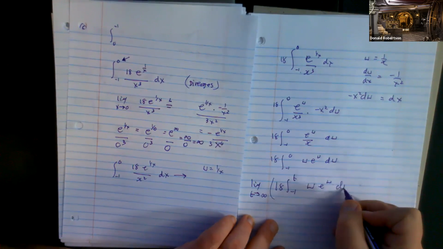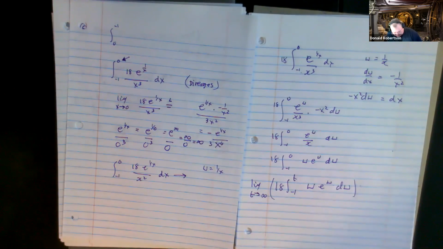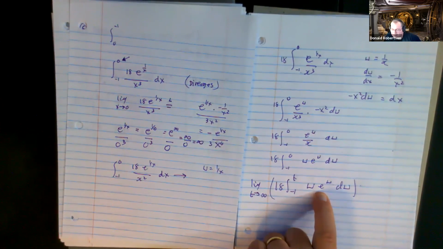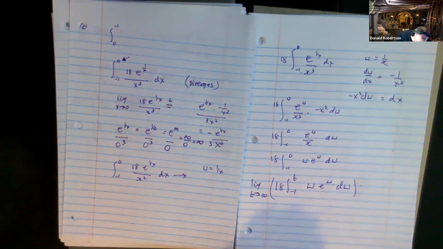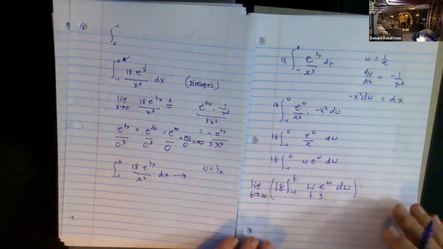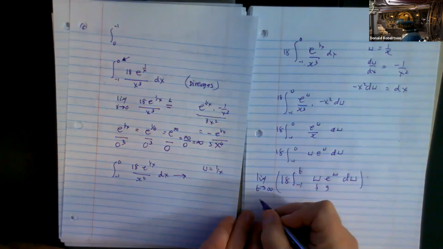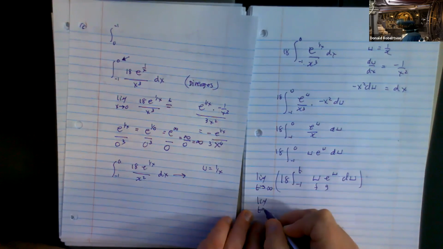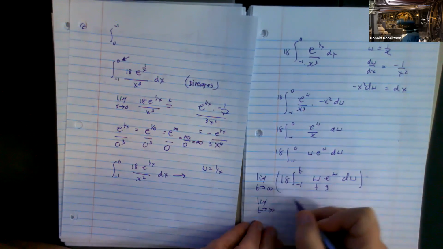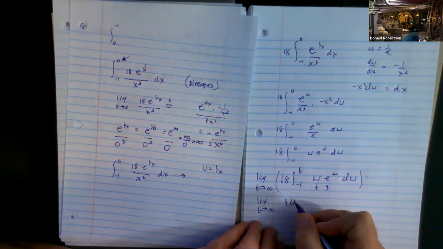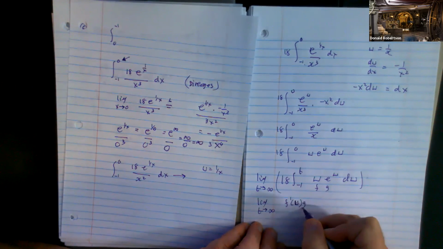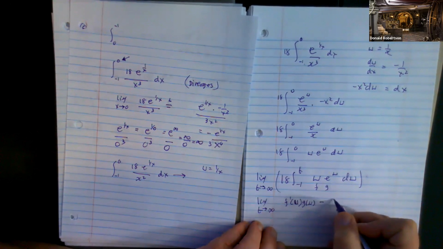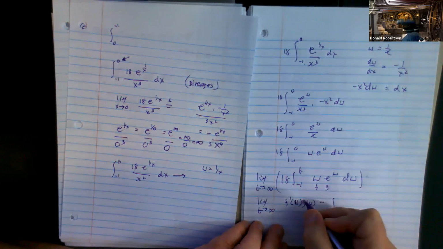Okay, the hard part is over, believe it or not. Won't I be able to integrate this using integration by parts? If I call this f and I call this g, we're going to get the limit as t tends to infinity of f dash, I guess it's u, g of u, take away the integral of capital G of u.